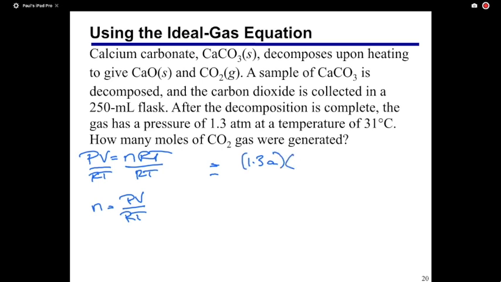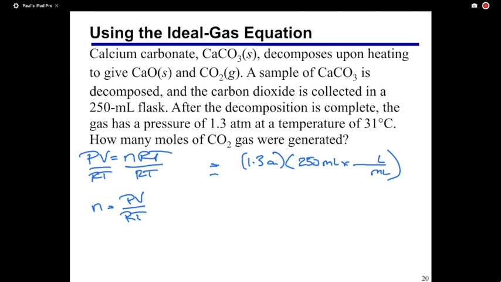And I multiply that by the volume. What's the volume in this? What is it? 250. Can I use that number? No. It's 250 mL, but I've got to change mL to liters.